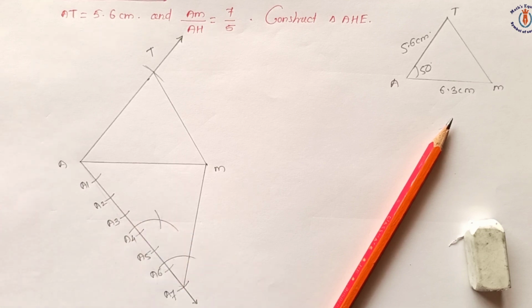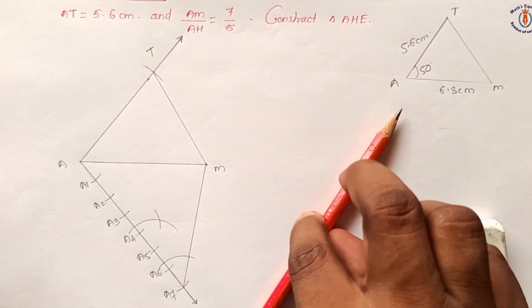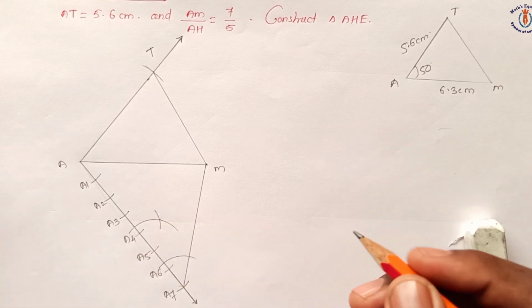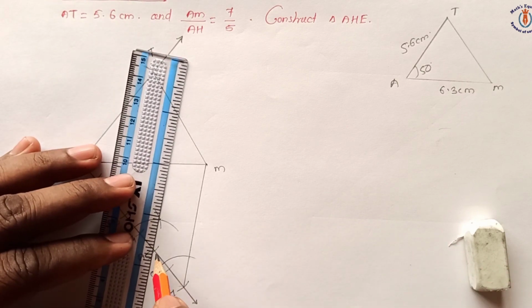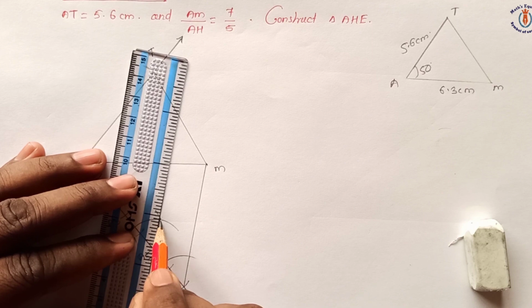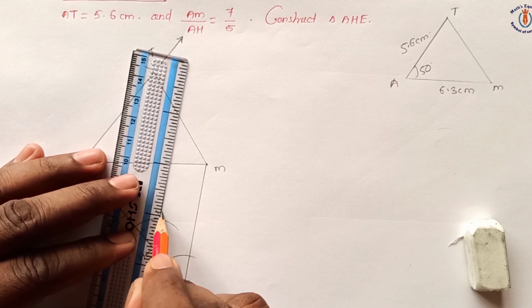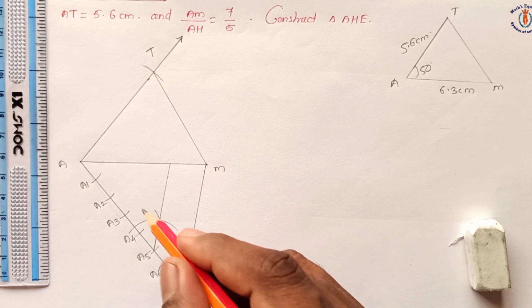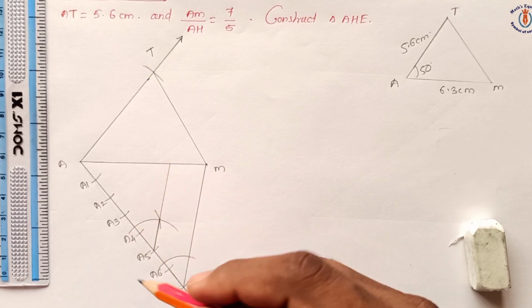Okay, here we got that second point of intersection. Now let's join this point A5 to that point of intersection like this, and extend up to the base of the first triangle. So this is the parallel line.